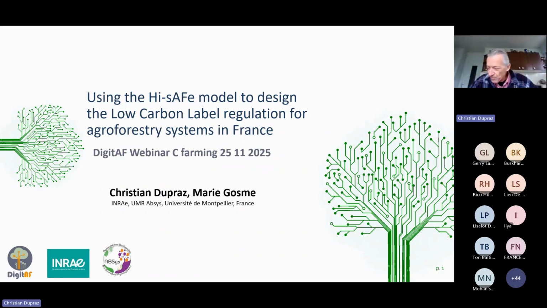So my talk will be much narrower in scope compared to what Gerry said, because I'm only focusing on predicting correctly the carbon sequestration impact of agroforestry systems, so that the regulations are based on sound data and are really trustable.